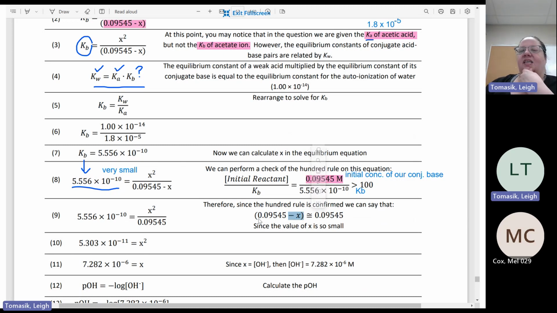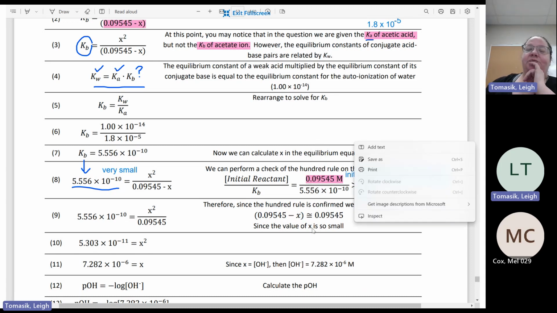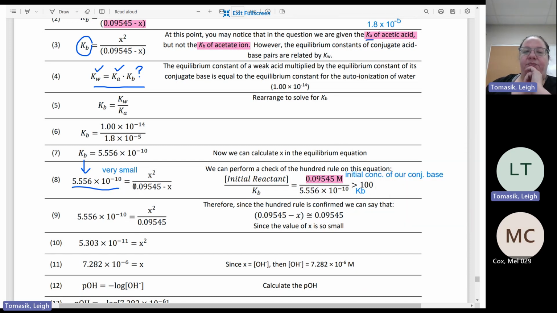So you can see that 0.09545 minus x is going to become 0.09545. We're just going to get rid of the x's that are added or subtracted. So we go from that number minus x to just that number.